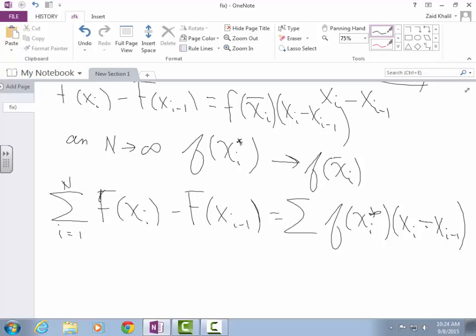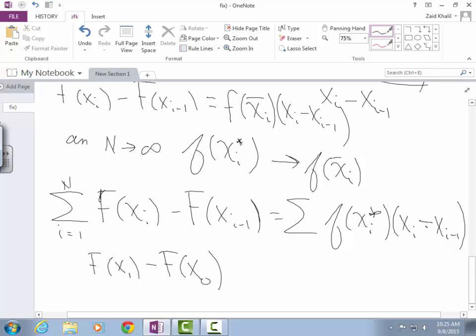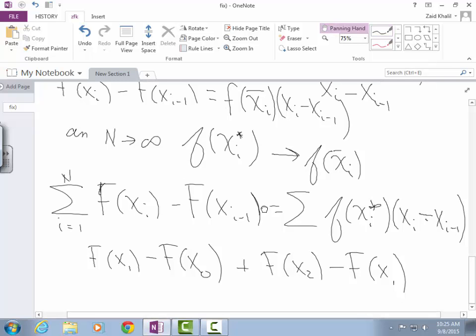What is that? This is called something. And if you want, we can evaluate a few terms. You'll see exactly what happens. The first i is going to be i equals 1, so this is f of x1 minus f of x0. What's the next term in the sum? That's right.